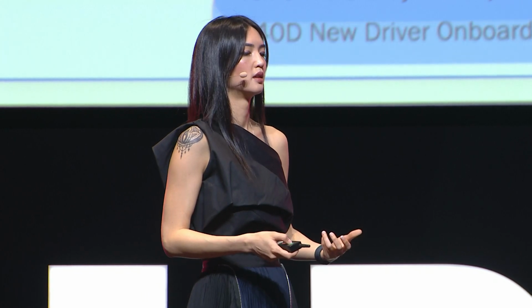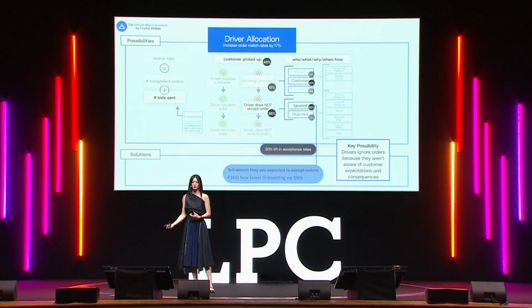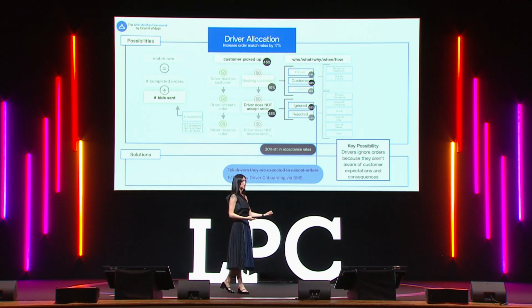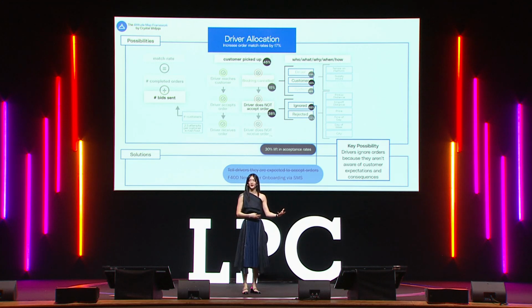So you can always go back to your altitude map. And what we need to do is update the altitude map to reference the impact of this solution to the altitude map framework's corresponding data points. And we updated the solution itself because you never ship something and never go back to it again, right? We always iterate.